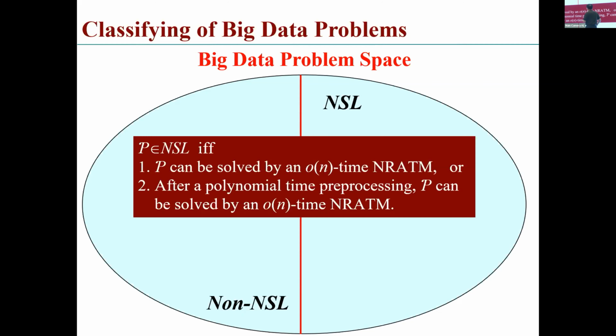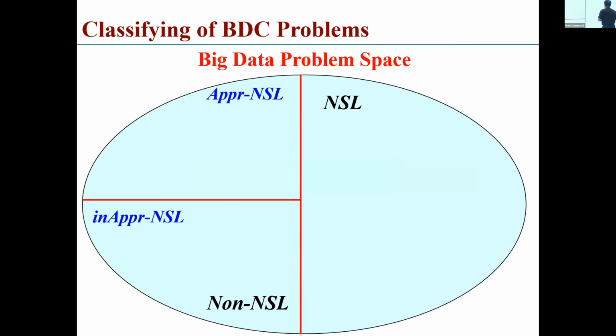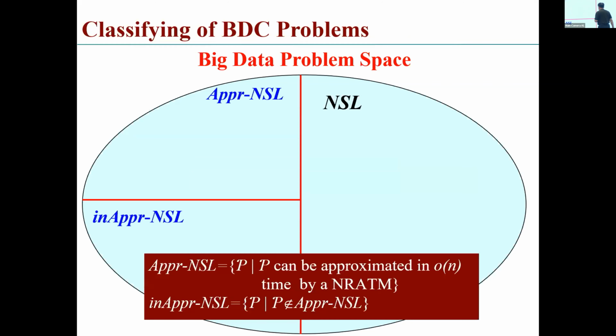Okay, this part. How about this part? You can see that this part includes all the P that are not in NSL. Now we partition this part into two parts. APPR NSL includes all the problems that can be approximated in sublinear time by a NRATM.